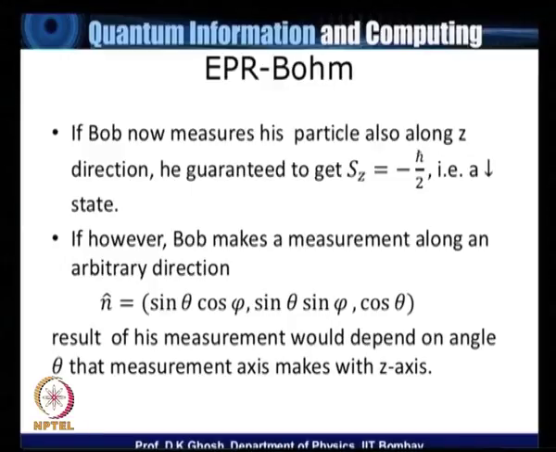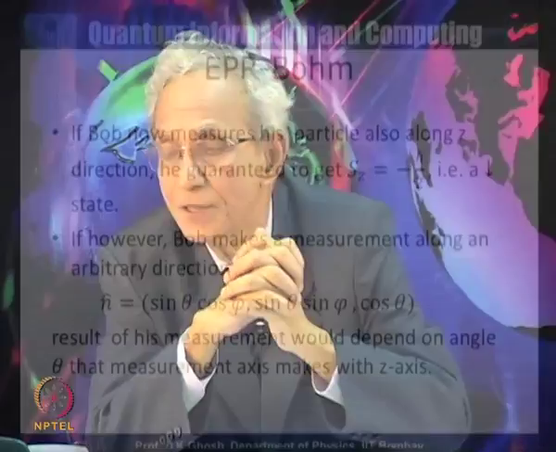on two different particles. Now let's look at what happens if Bob, instead of measuring along the z direction, decides to make a measurement along an arbitrary angle theta with the z axis, the usual theta phi coordinate in the spherical coordinate system.